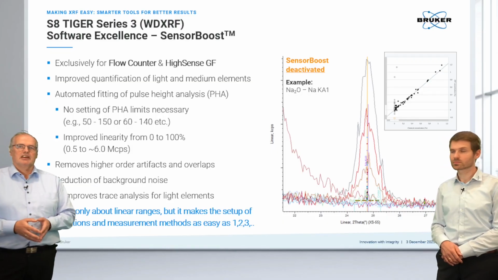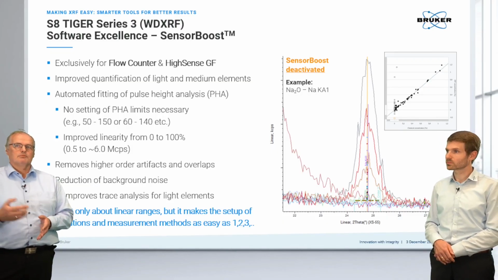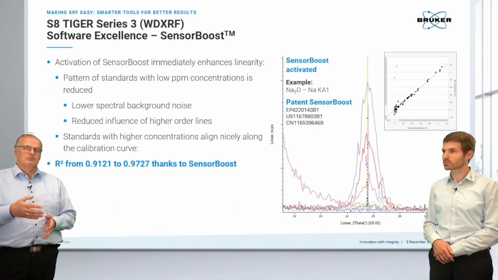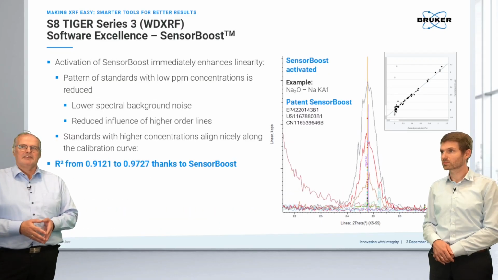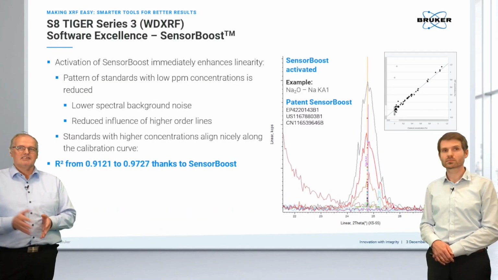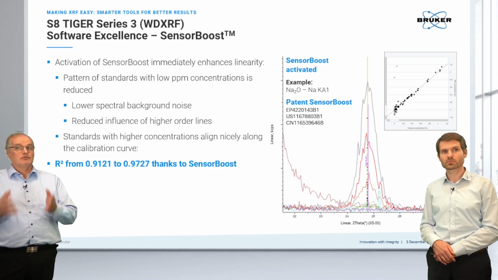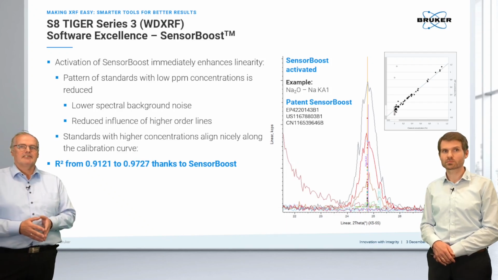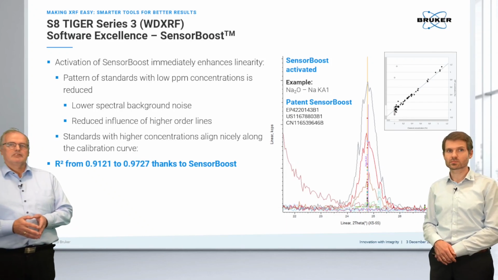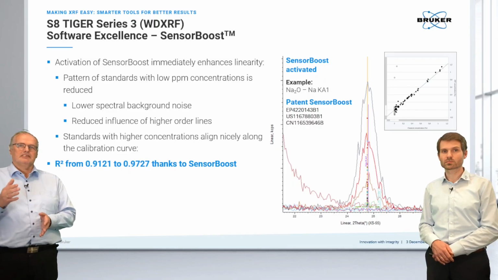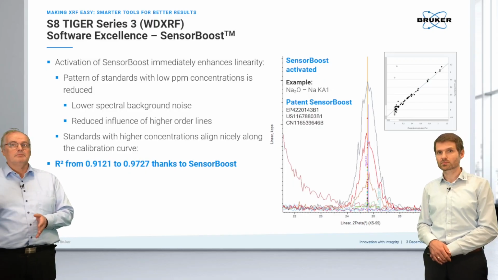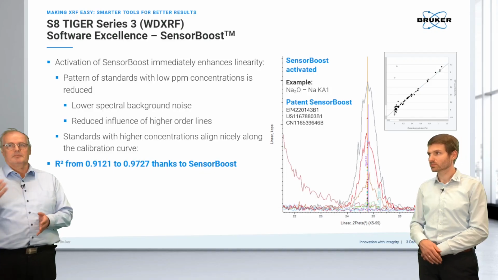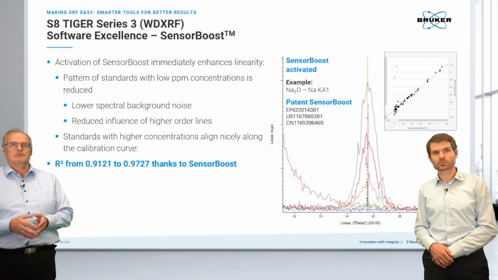Here we would switch to Sensor Boost, and we would align at the peak maximum of the pulse height distribution and reduce background and the artifacts. And when we look here, the pattern of the standards in the low ppm range improves, so the scattering is reduced.